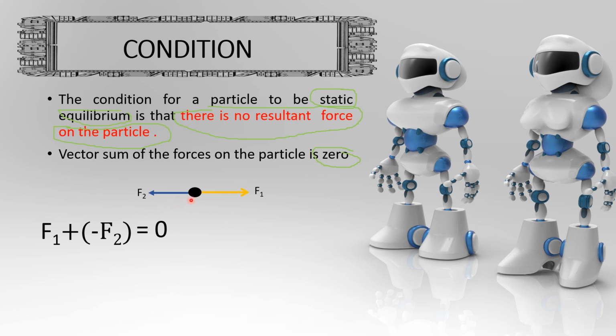And F2 is in the negative direction, so the vector sum of plus F1 and negative F2 must equal 0. If this happens, then the particle is at the state of rest, stationary. Then we can say that the particle is in static equilibrium.